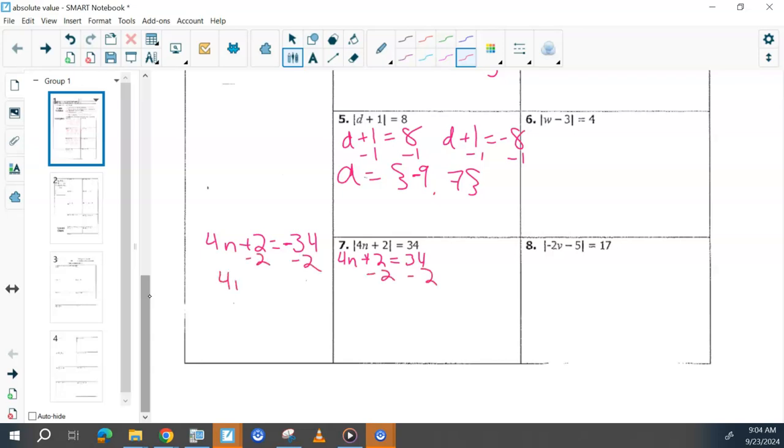So we have 4n equals negative 36 and 4n equals 32. And when we divide both, what are those two answers? 8 and -9. Okay, in order, -9 and 8.